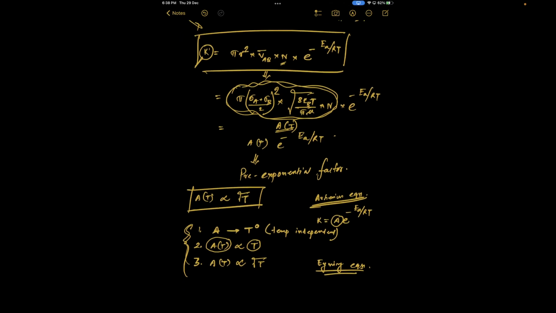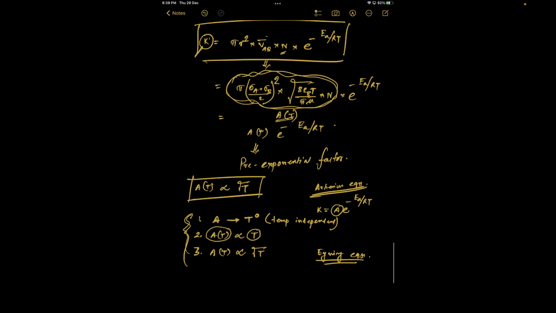Now if you replace r with (sigma A plus sigma B) divided by 2, and the average relative velocity will be root of 8 kBT divided by pi mu. Then in short we can write K equal to A(T), which is the pre-exponential factor, times exponential of minus EA divided by RT, right?